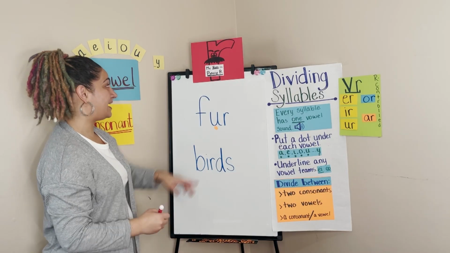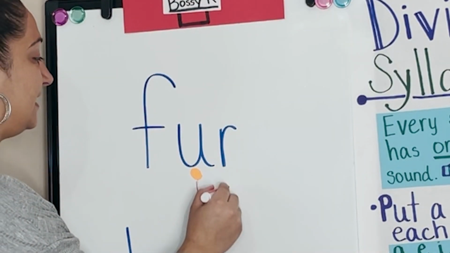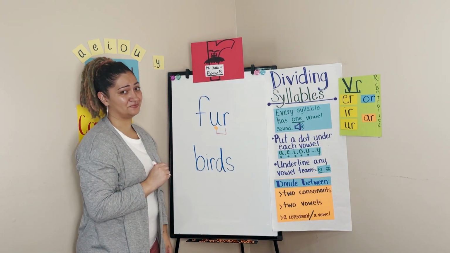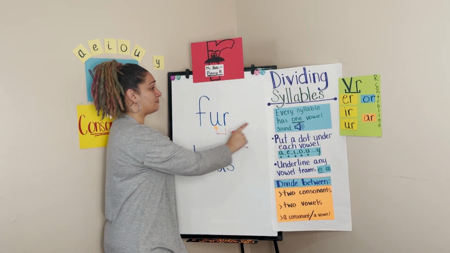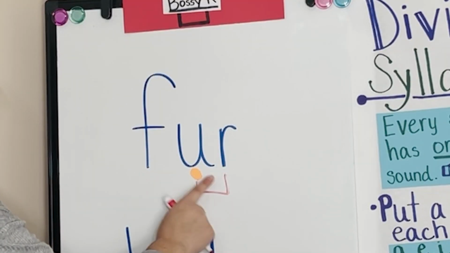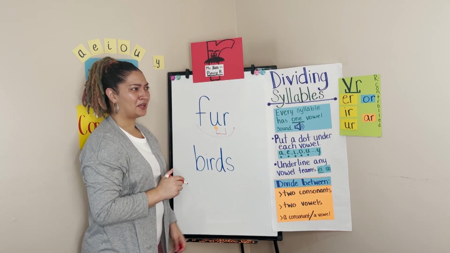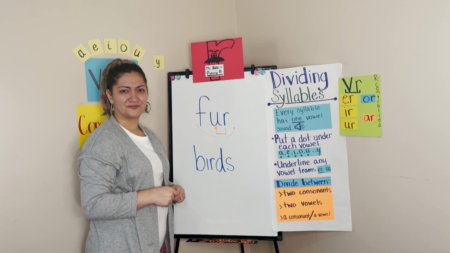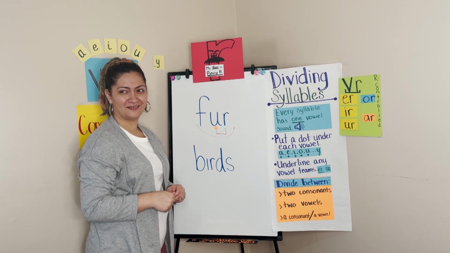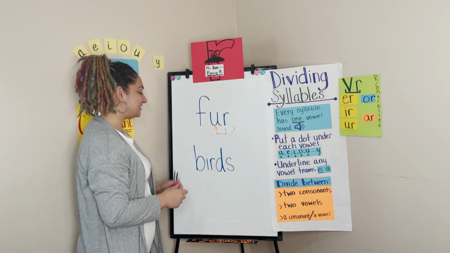Then I'm going to find Mr. Bossy R. And I see that he's right after that U. Remember, UR makes that sound. So we have the word fur. What word? Fur. What animal do you know that has fur? Yep, you're right.